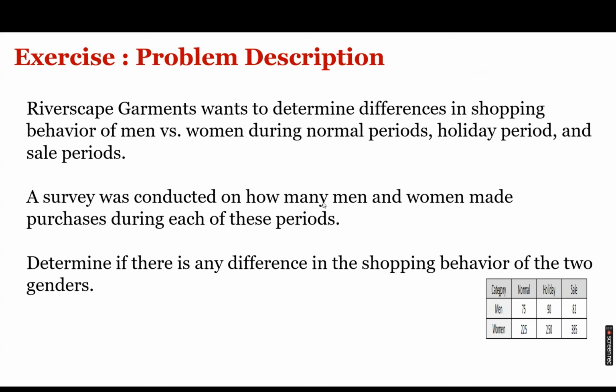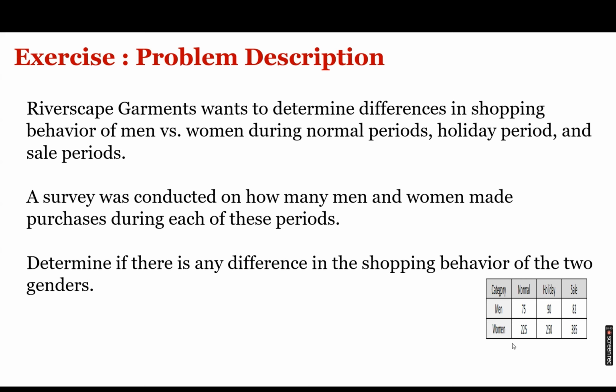The next example talks about another multiple sets of data, more than two sets of data, to be honest. Riverscape Governments wants to determine whether there are differences in shopping behavior for men and women during normal periods, holiday periods, and sale periods. A survey was conducted on how many men and women made purchases during each of these periods.